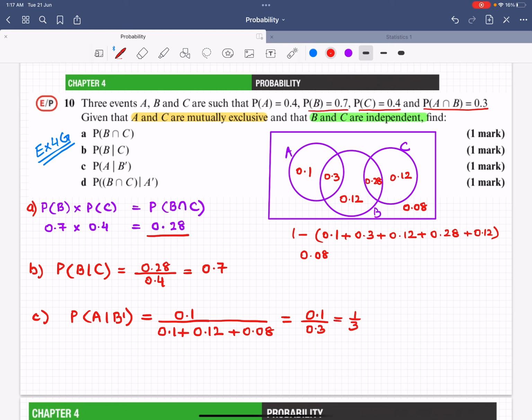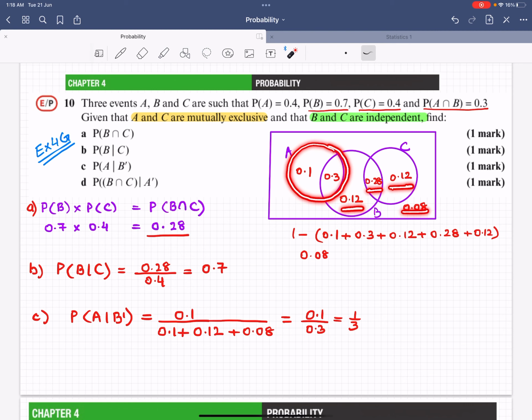That answers part C. Moving on to part D. In part D, we need to find probability of B intersection C given that A complement. So given A complement means we are looking at everything outside A, or everything but A. So everything outside A is 0.12, 0.28, 0.12 and 0.08.